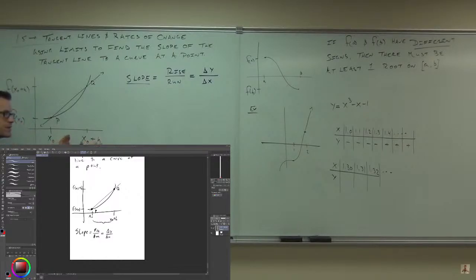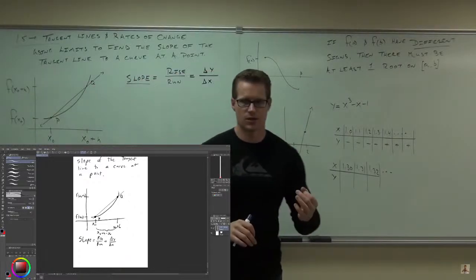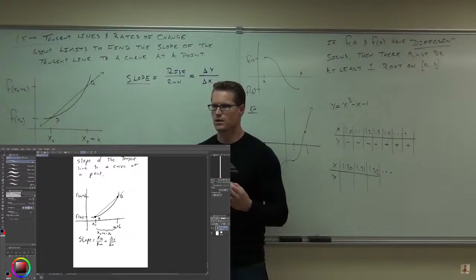Very good. X sub 0 plus h minus x sub 0 will give you the distance between those two x values. Now, if you're still okay with that, it's kind of a big one.